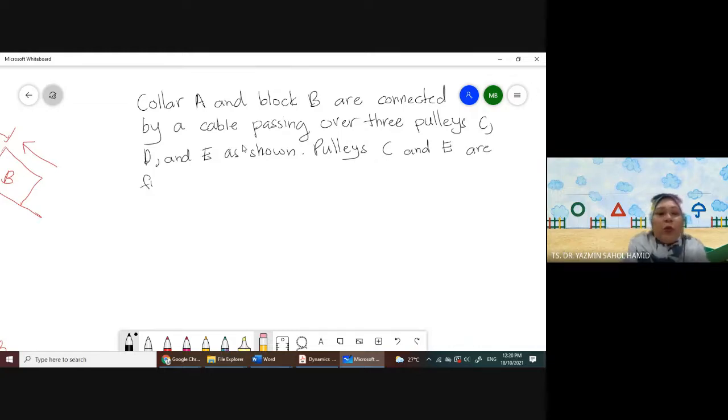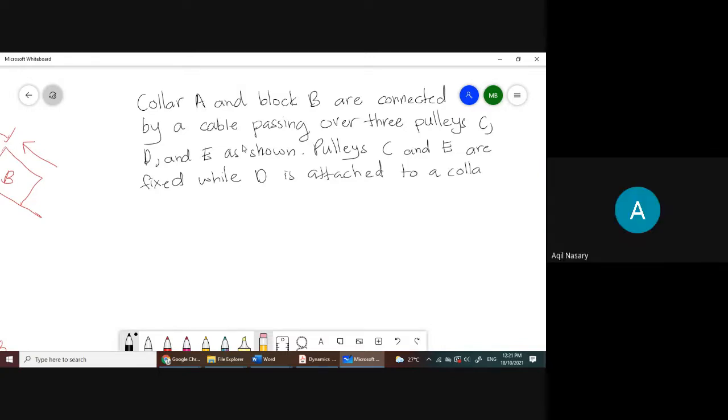Dan janganlah campur semua subjek dalam satu buku tu. Kalau boleh, saya tak prefer you screenshot dekat phone. I nak you copy soalan tu. Okay, Doctor. Okay?